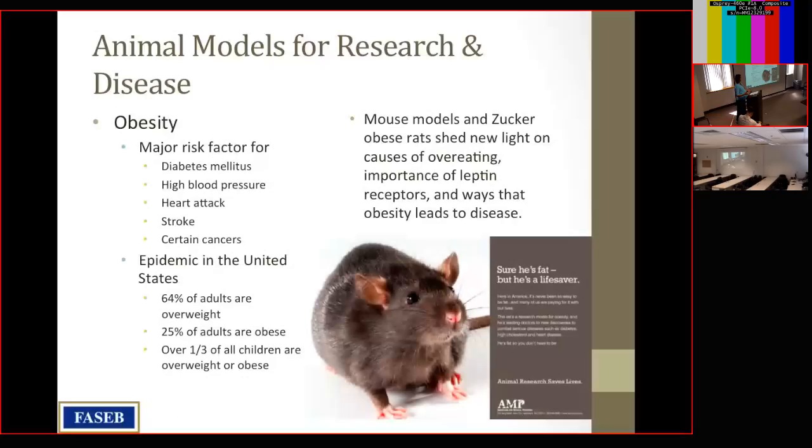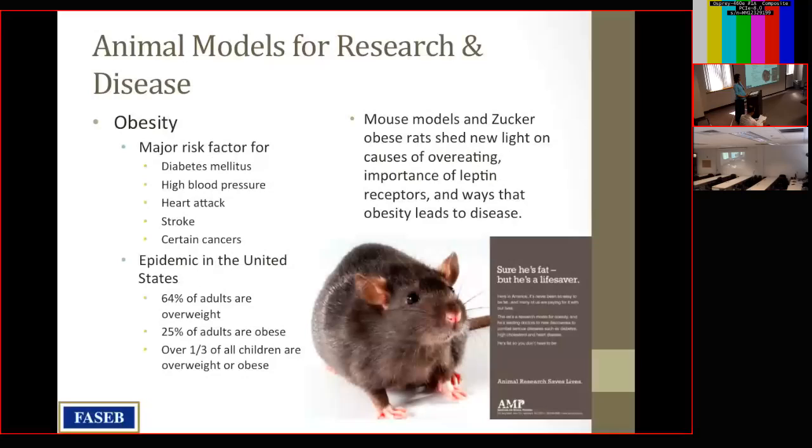So we all know that obesity is a health epidemic in the Western world. In the United States, 64% of adults and 1/3 of all children are considered overweight. And this leads to further disease processes such as diabetes and heart disease.